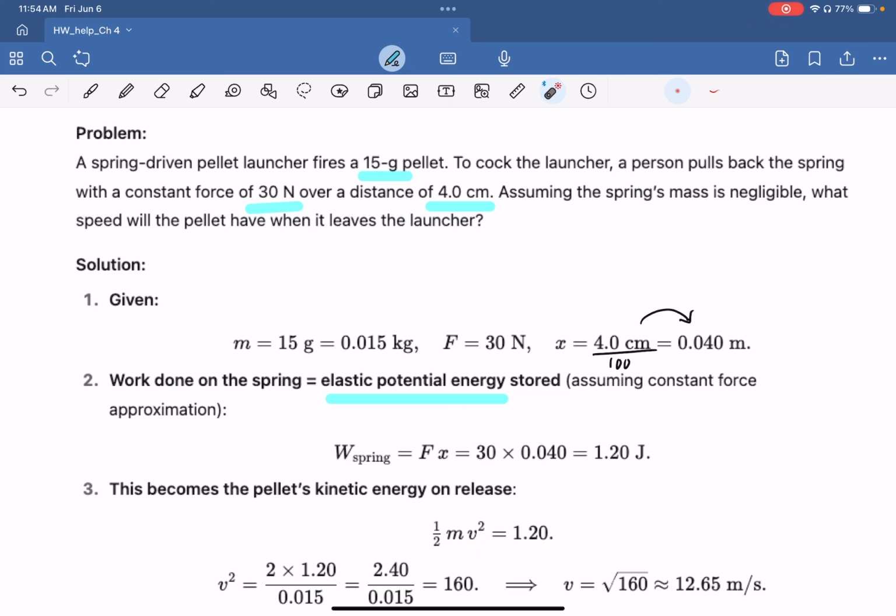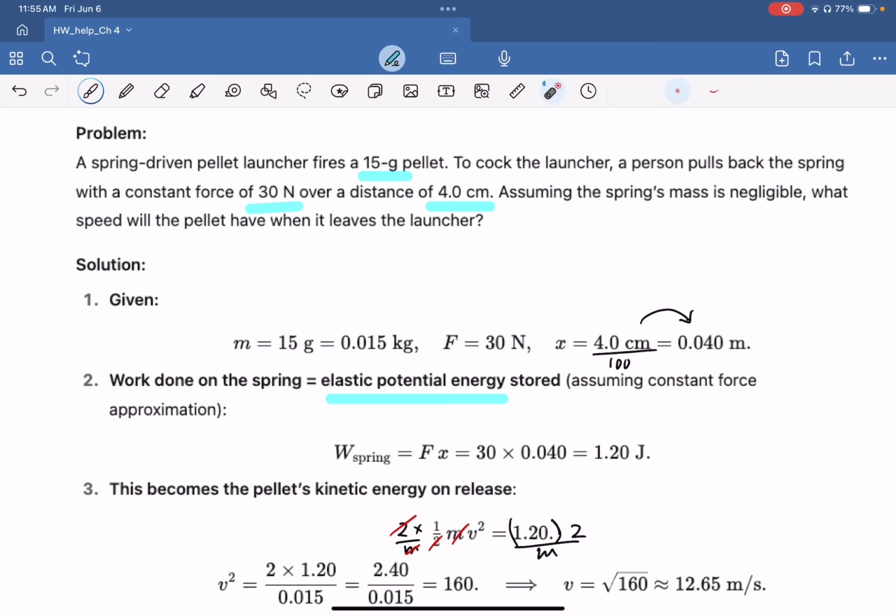Got to be careful there, because to solve for that velocity, you got to multiply both sides with 2, right? Then divide both sides with the mass. Why did we have to do that? So that the mass gets canceled here and the 2 gets canceled.